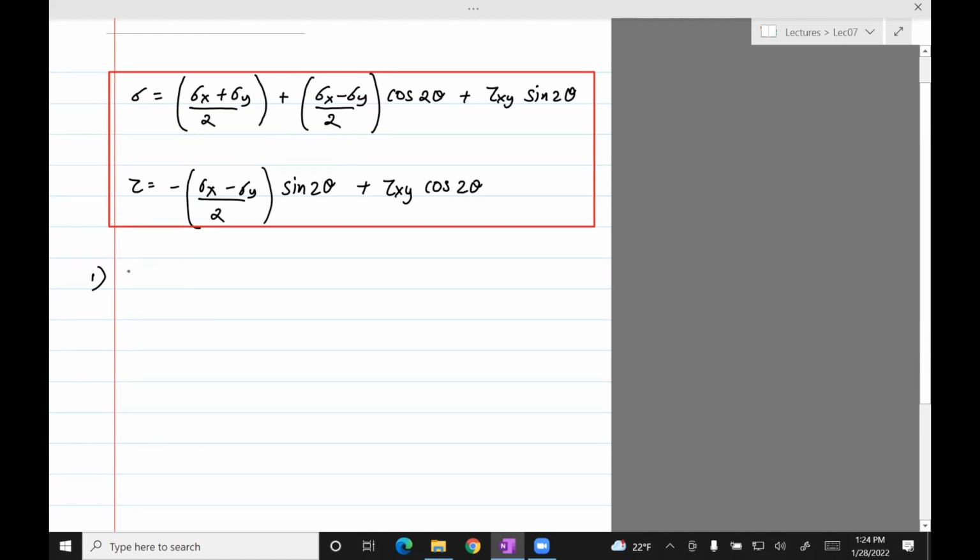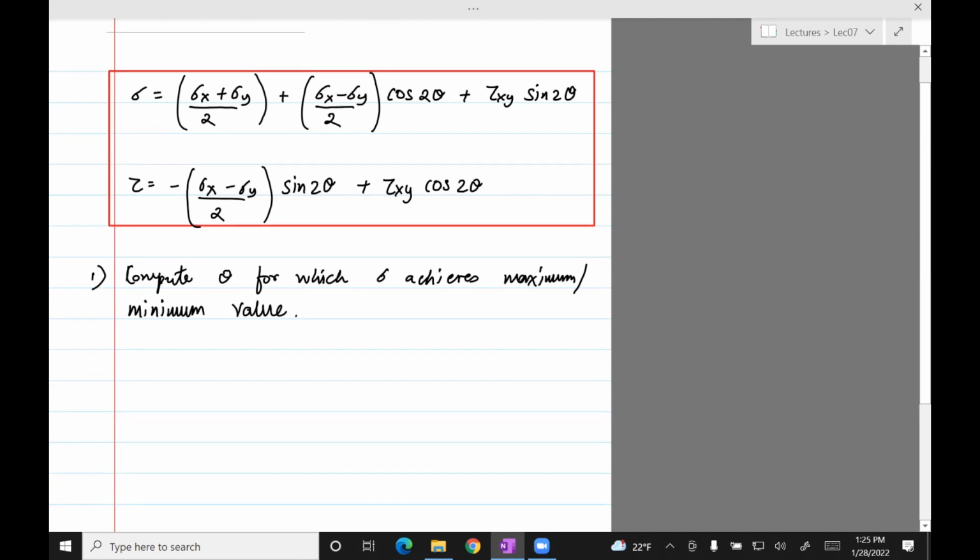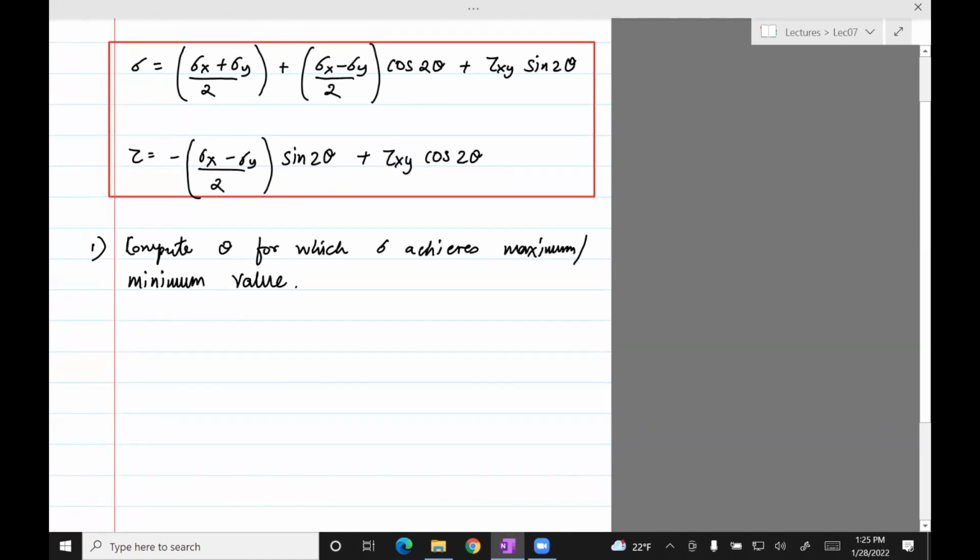So we need to compute theta for which sigma achieves a maximum, and as a consequence, there will sometimes be a minimum. In order to do that, we can use calculus, or you can also plot it as a function of theta, but the easier way is to use calculus.